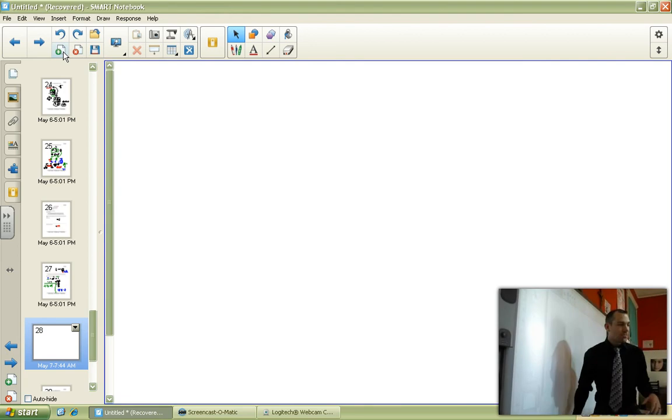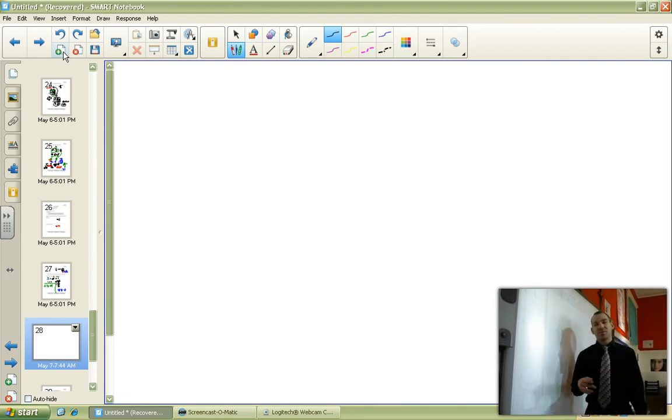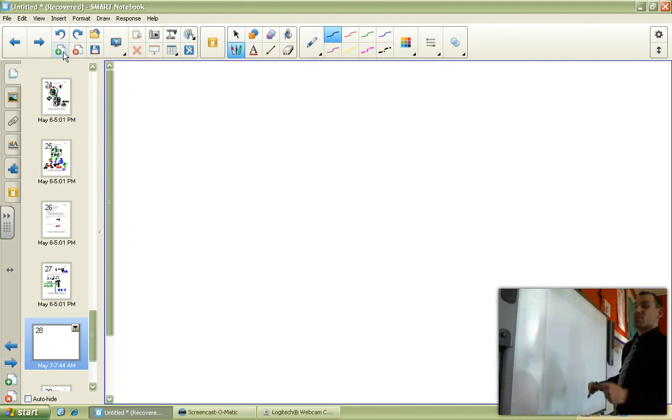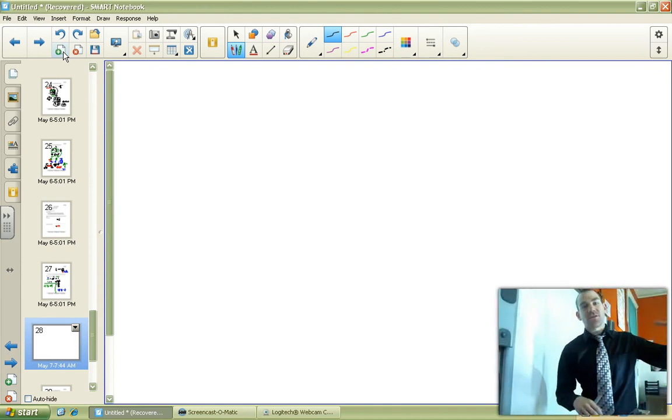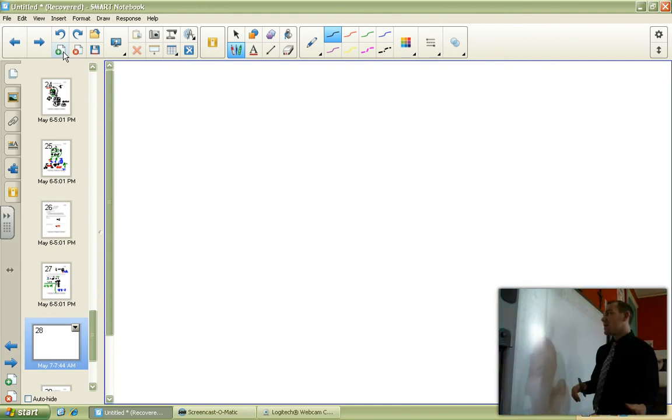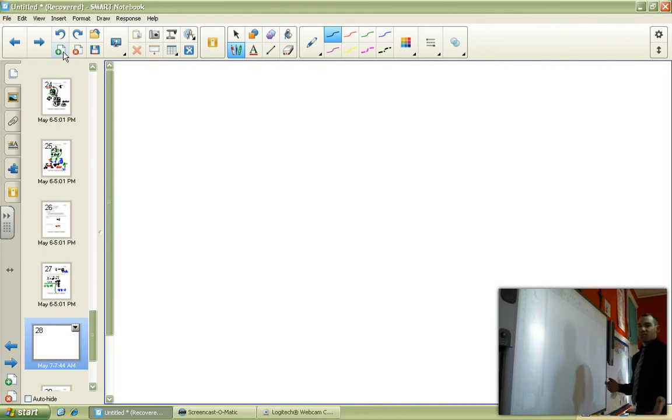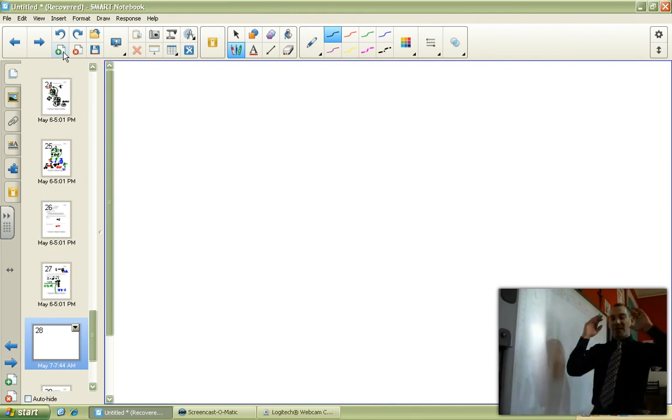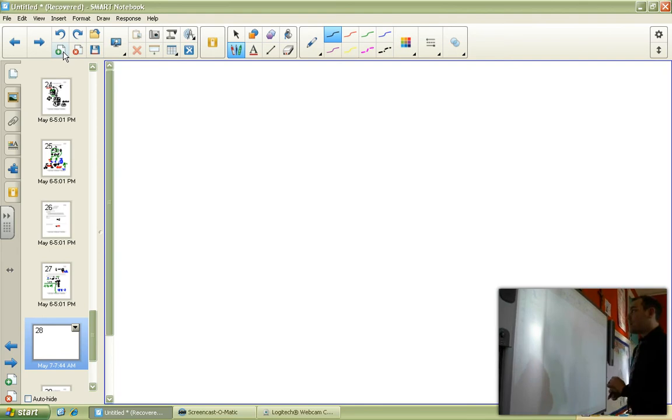You can probably use space still on your page. You probably don't write as big as I need to in order to make this easily read on the board. So one way that you'll use reciprocals going forward is to solve algebraic equations, which you probably haven't even heard those words before. But it's essentially like what we just did up top.